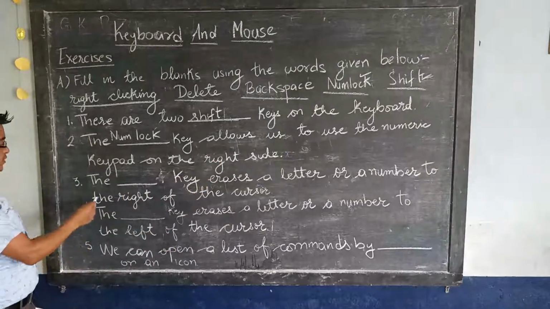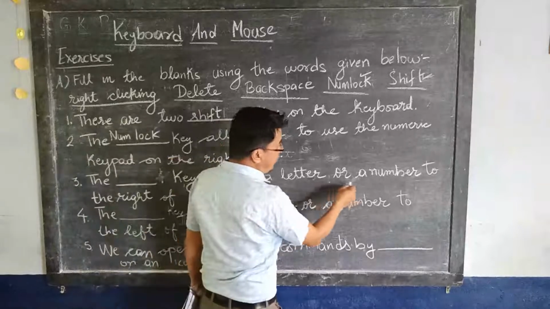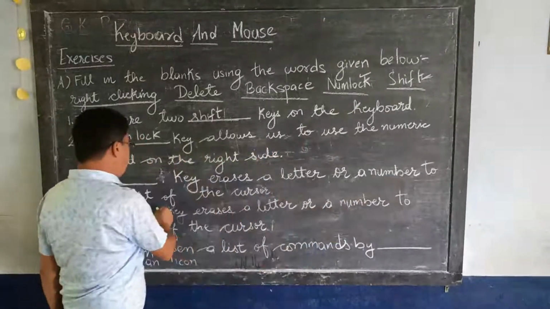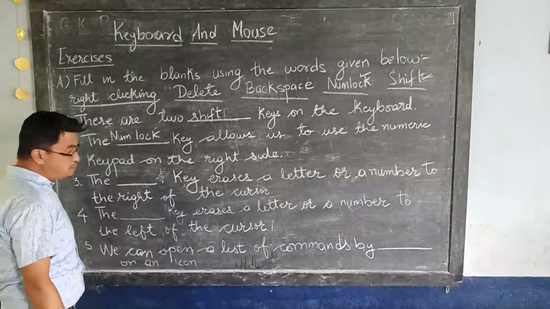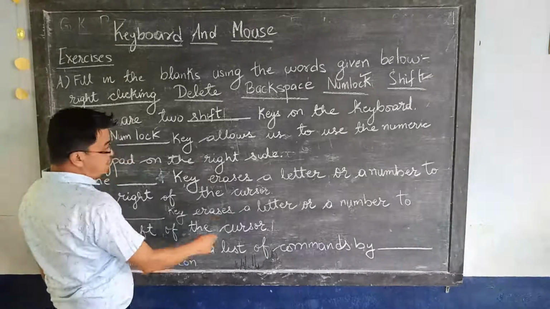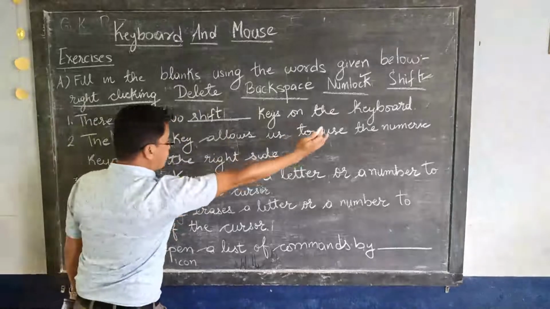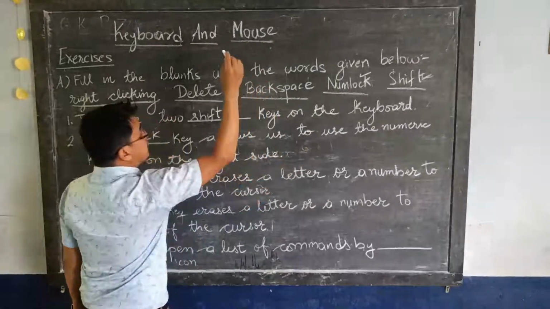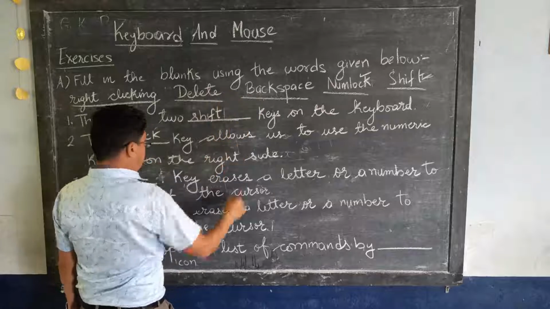Now number 3. The dash key erases a letter or a number to the right of the cursor. Which key allows us to erase a letter or a number to the right side of the cursor? Is it right clicking, delete, or backspace?